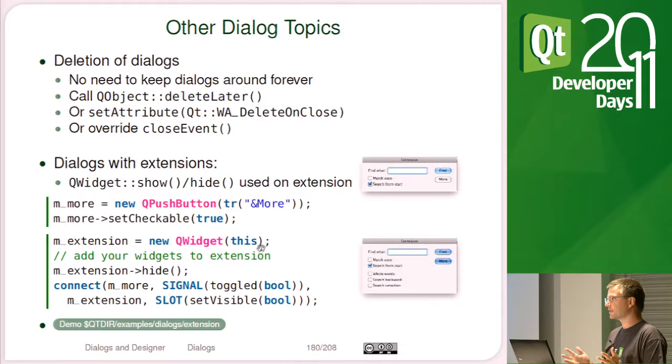And the easiest way to do that is to set the attribute Qt::WA_DeleteOnClose. So whenever the dialog is closed, it automatically deletes itself. And you will not have a memory leak.